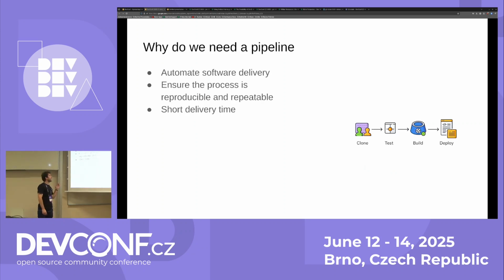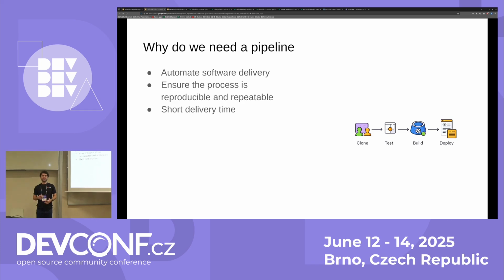So why do we need a pipeline in our project, or why is this important? A pipeline is a resource that can automate software delivery, which makes this process not dependent on one person or a set of people. A pipeline can ensure the code we are trying to build or deliver is repeatable and reproducible.